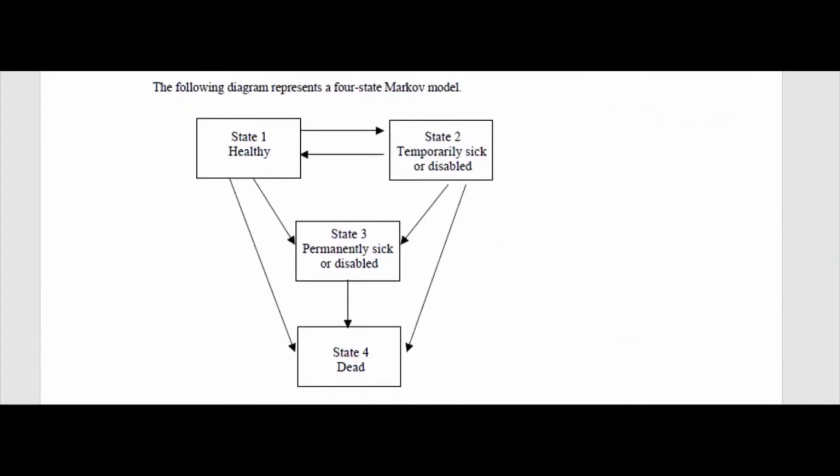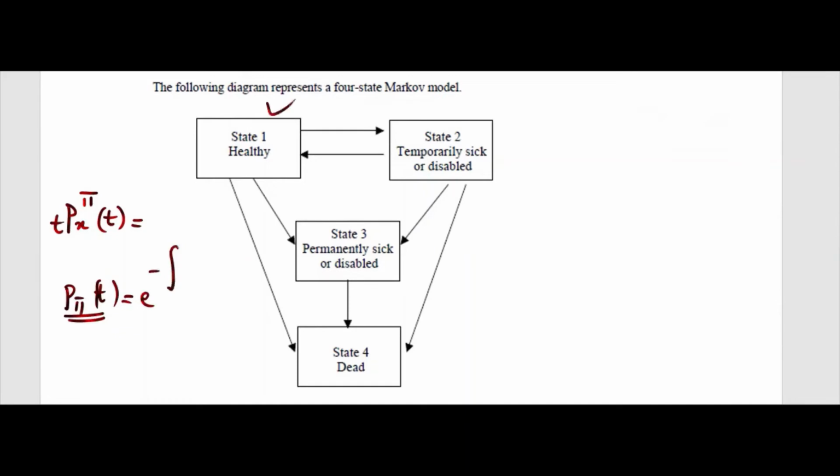Okay, now state 1, state 2, state 3, state 4, these are all possibilities given. Suppose you want to find a formula for P11 bar t here. If you are applying to life insurance, we write this way, PXT 11 bar, whatever you write. If you want to have a formula for this, it will be e power minus.